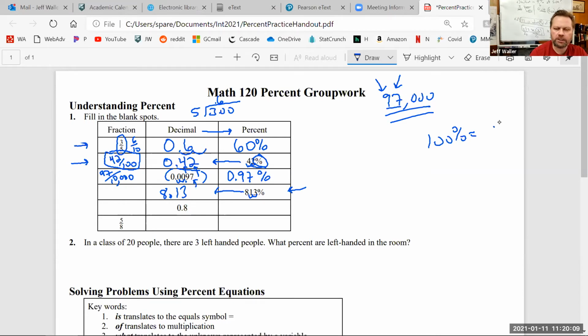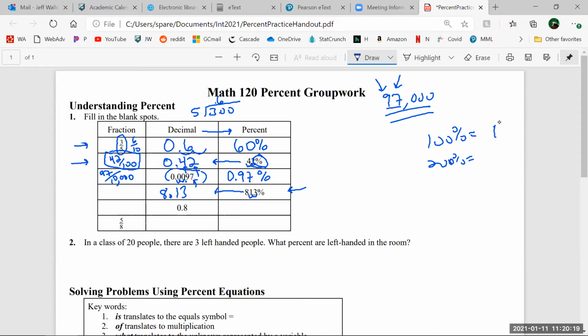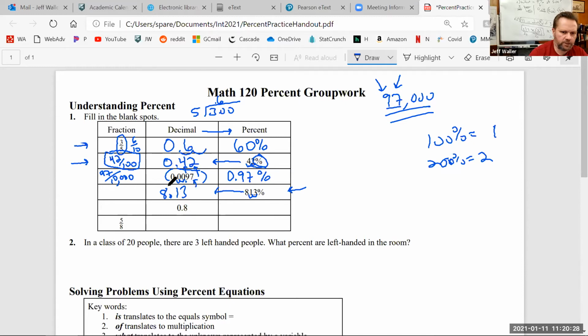If I ate 100% of a pizza, how much pizza did I have? I had one pizza. One. Yes. So 200% would be 2. So 800 something percent should be 8 point something.